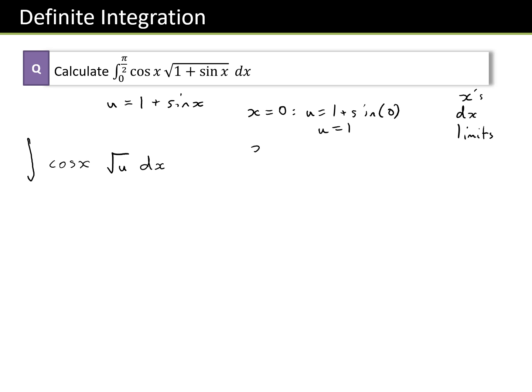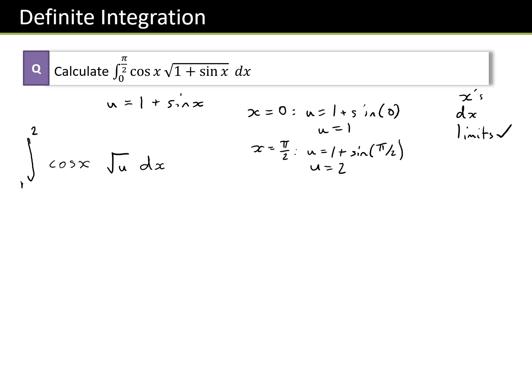When x is pi over 2, u is going to be 1 plus sine of pi over 2. Sine of pi over 2 is 1, so u is 2. Okay, so x is 0 is the smaller limit, so that's going to become the 1. Pi over 2 is the bigger limit, so that one's going to become 2. So we've swapped the limits.